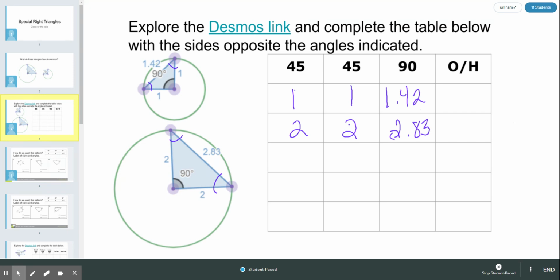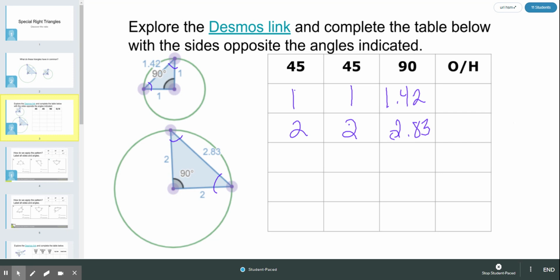And then I see somebody else put in the chat 4.75 and 4.75 and 6.69, right? So we notice that these are all isosceles. The 2 legs are going to be exactly the same, and they're opposite those 45-degree angles. And then the 90-degree side, the hypotenuse, is always bigger.